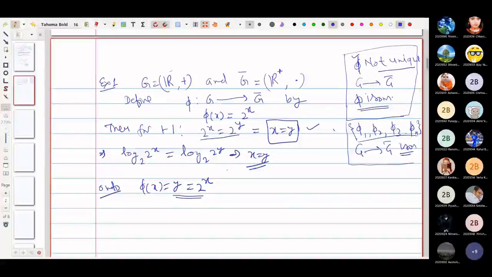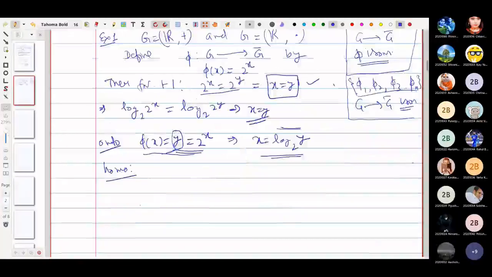This should imply that x equals log base 2 of y. So when we write phi of x equals y, for each y there exists log base 2 of y such that phi of x equals y. So this is onto.